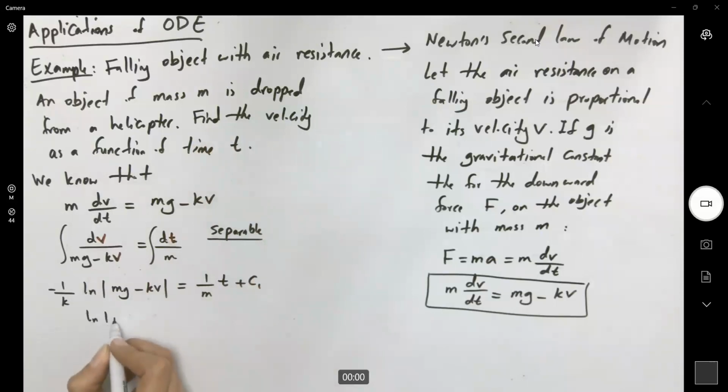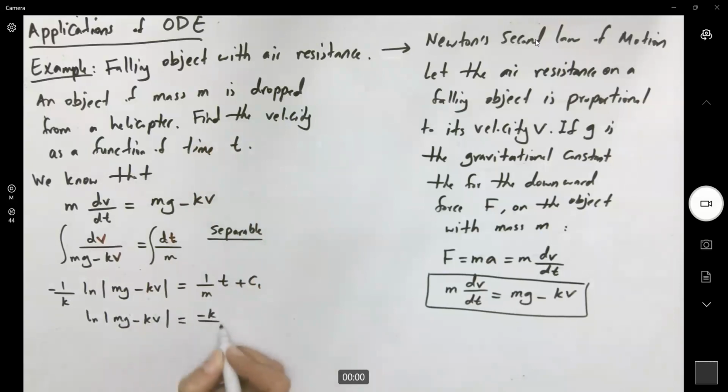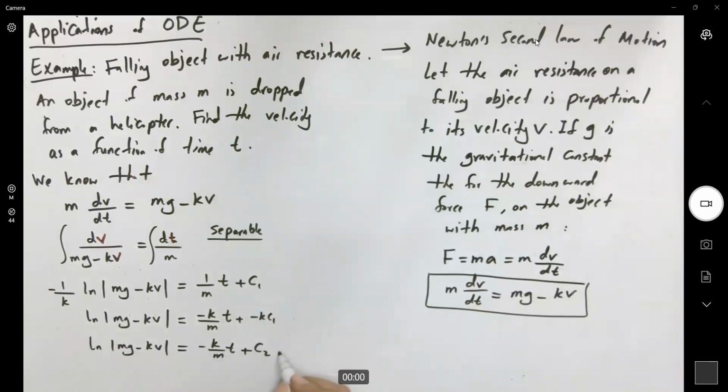We get ln of absolute value of mg minus kv equals negative k over m times t, minus k c sub 1. You can call this guy c sub 2. So far we have ln of absolute value of mg minus kv equals negative k over m t plus c sub 2. Well, what else?